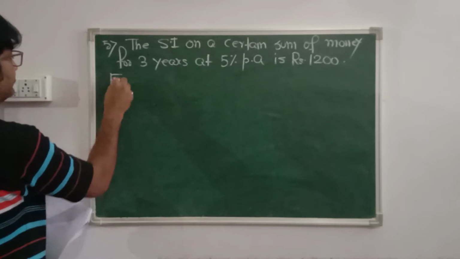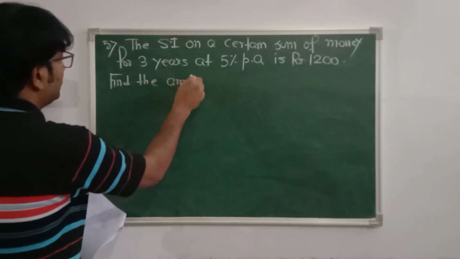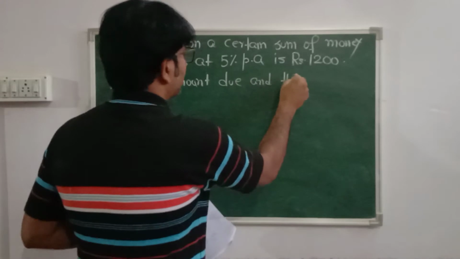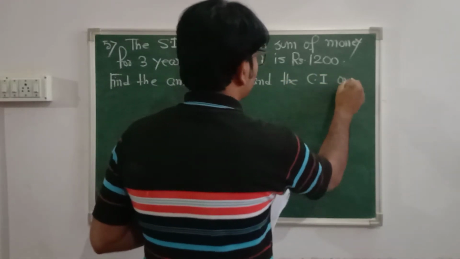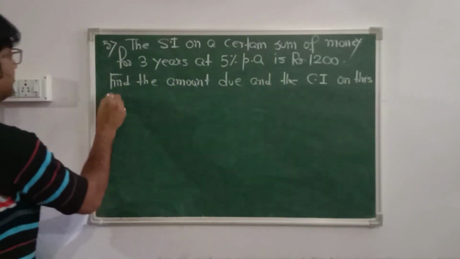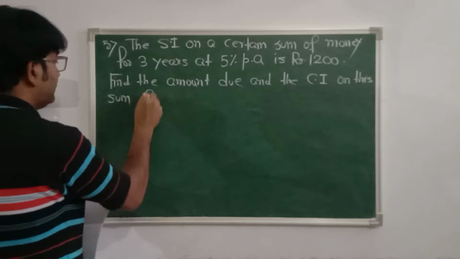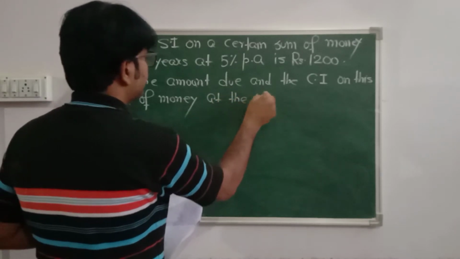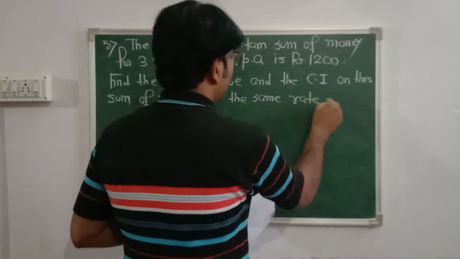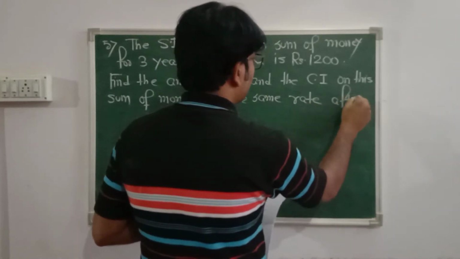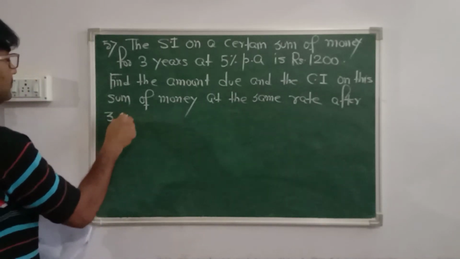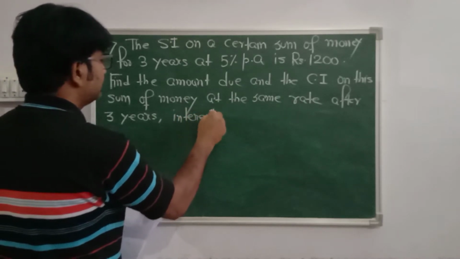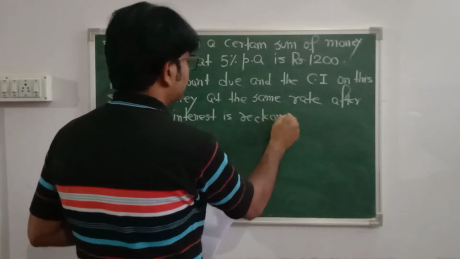Find the amount due and the compound interest on this sum of money at the same rate after 3 years. Interest is reckoned annually.